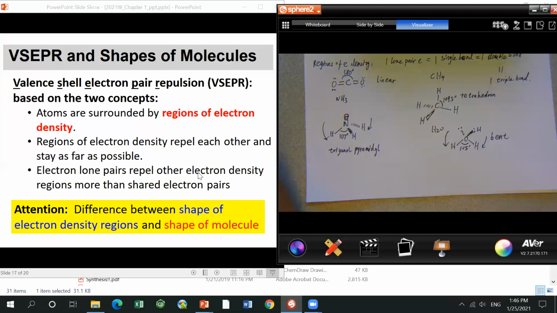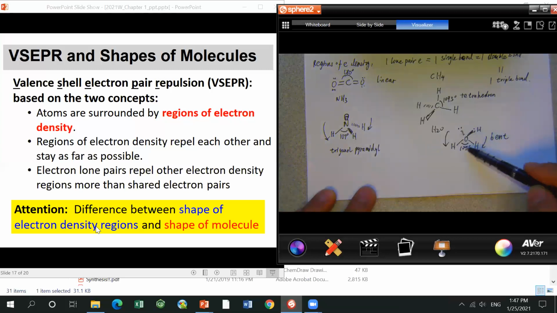So the one key thing here, please keep in mind: during an exam or quiz, what does the question ask you for? If it asks about the shape of the electron density regions, you need to count the lone pair electrons.